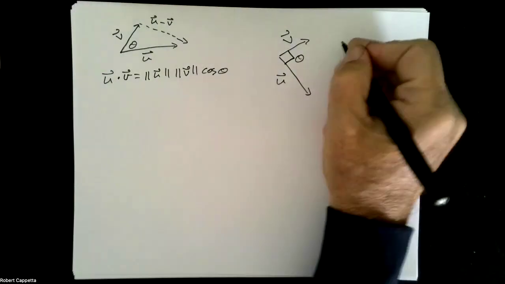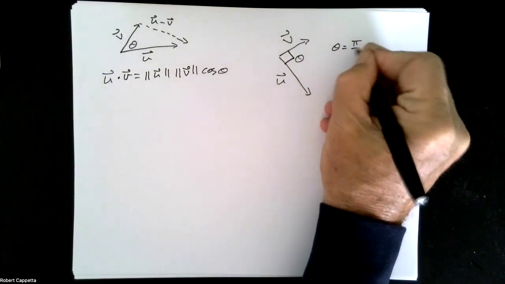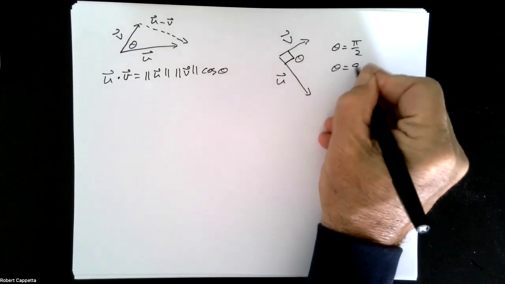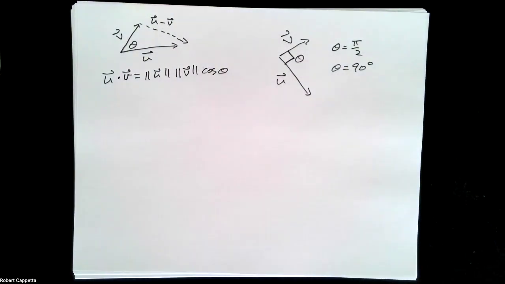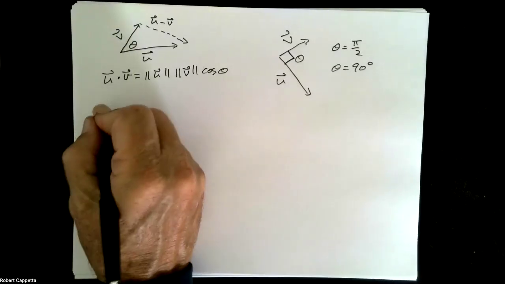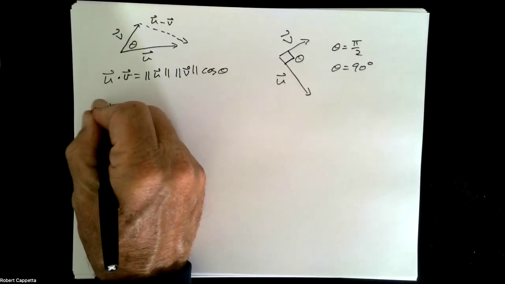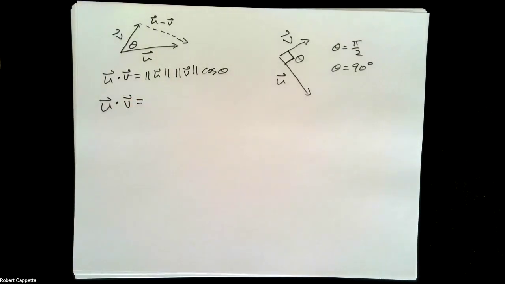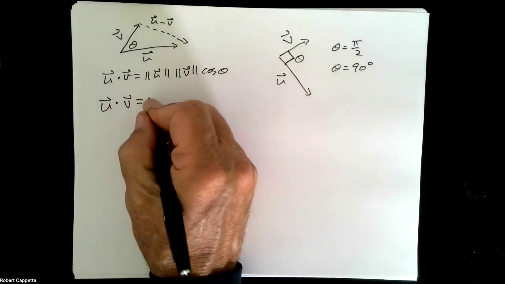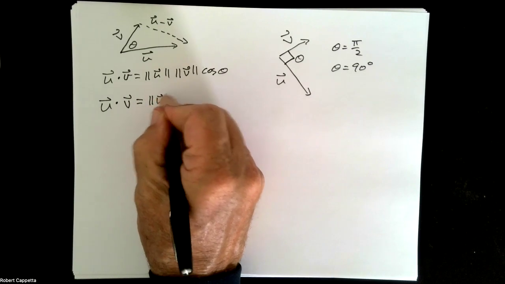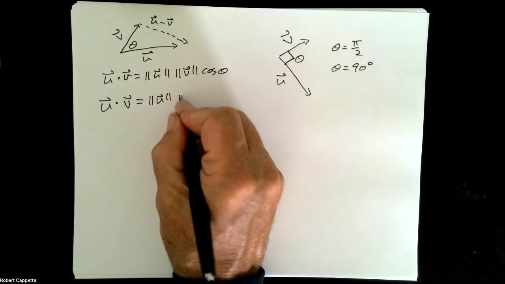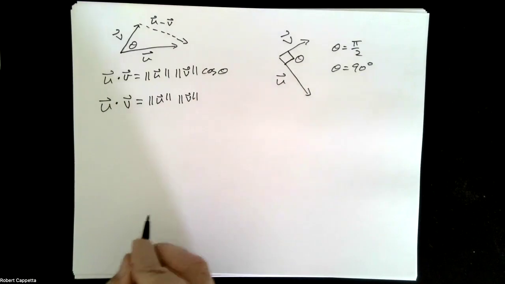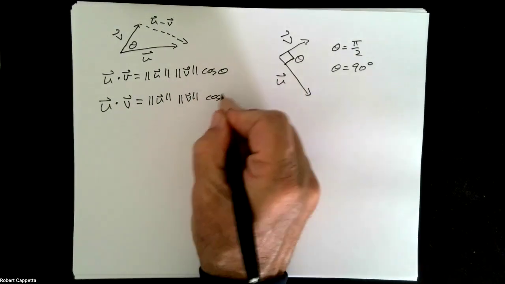If the angle theta is pi/2 or 90 degrees, what can we say? What will u dot v be? Well, based on my picture, neither u nor v is the 0 vector. So I get u dot v is the length of u, whatever that is, I don't care that much, frankly, times the length of v, whatever that is, times the cosine of pi/2, cosine of 90 degrees.